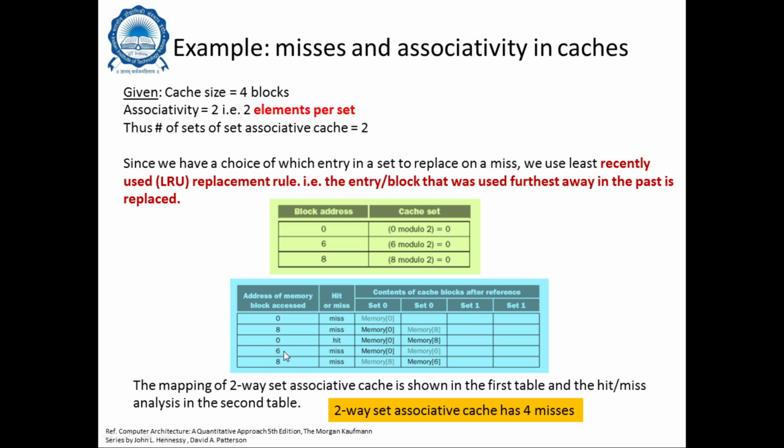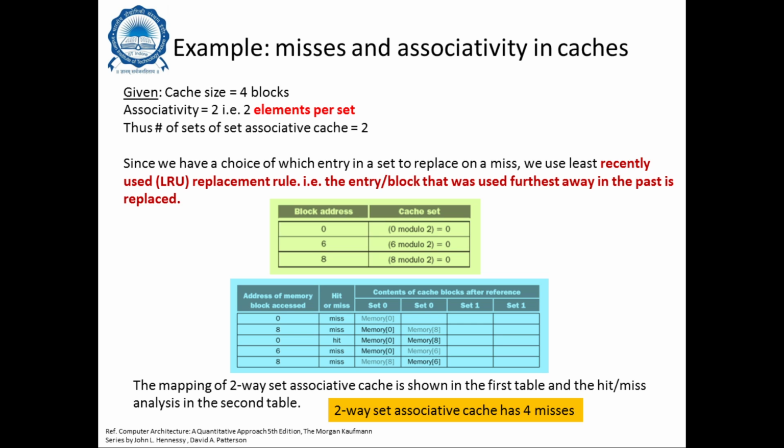In case of the fourth reference, we will replace the content of memory 8 with the content of memory 6 based on the LRU replacement scheme. What LRU states is that it chooses which entry to replace if you encounter a miss.